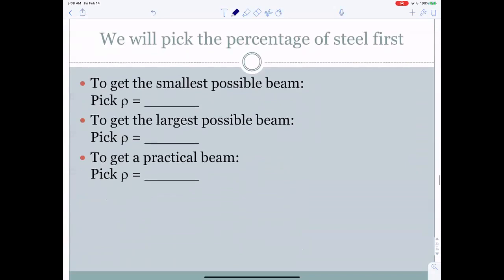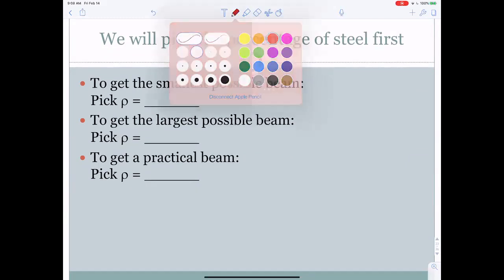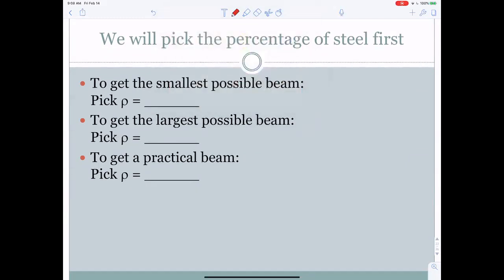Okay, what we're gonna do is this. We're gonna pick the percentage of steel, or the ratio of AS to BD, or essentially AS to BH. And so if you wanted to get the smallest possible beam, you would put the most allowable steel, right? So you would pick rho equals rho max. And if you wanted to get the largest possible beam, you would pick rho equals rho min.